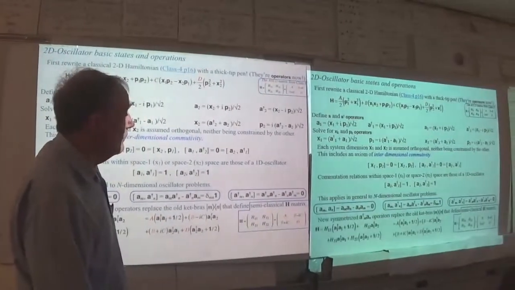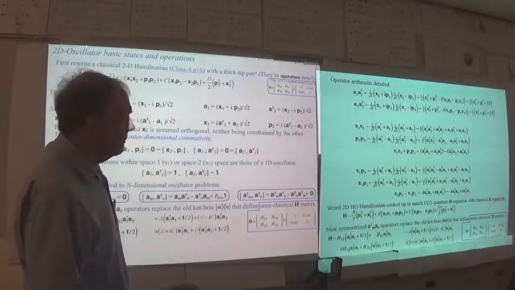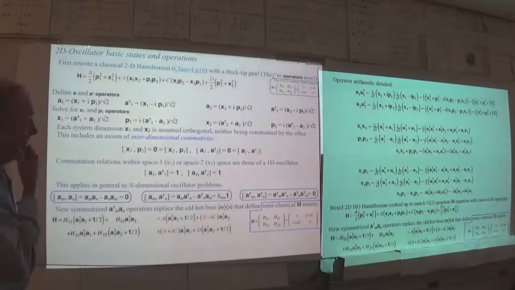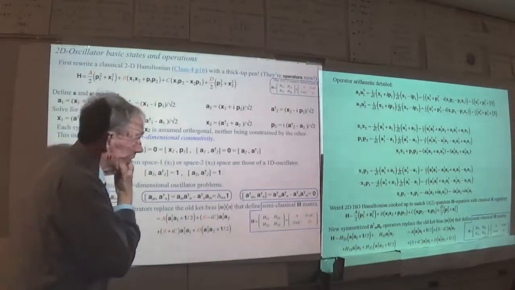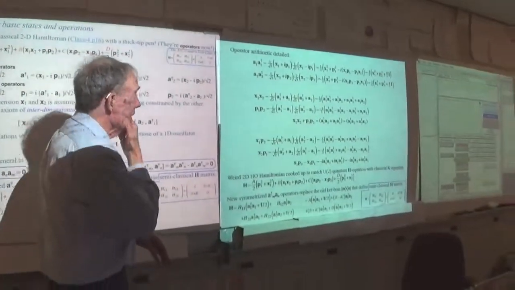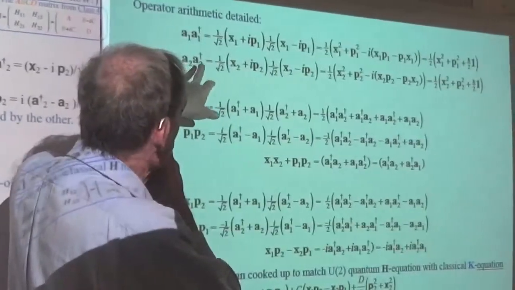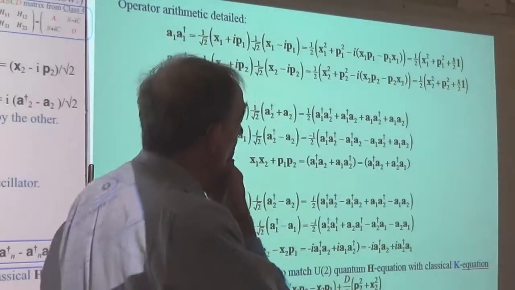So I'm going to just take this thing to the algebraic section, which is not something that's been in preceding lectures like this. It's necessary, I think, to see what you get when you do the various combinations, such as A1, A1 dagger, A2, A2 dagger. Okay, these guys right here.